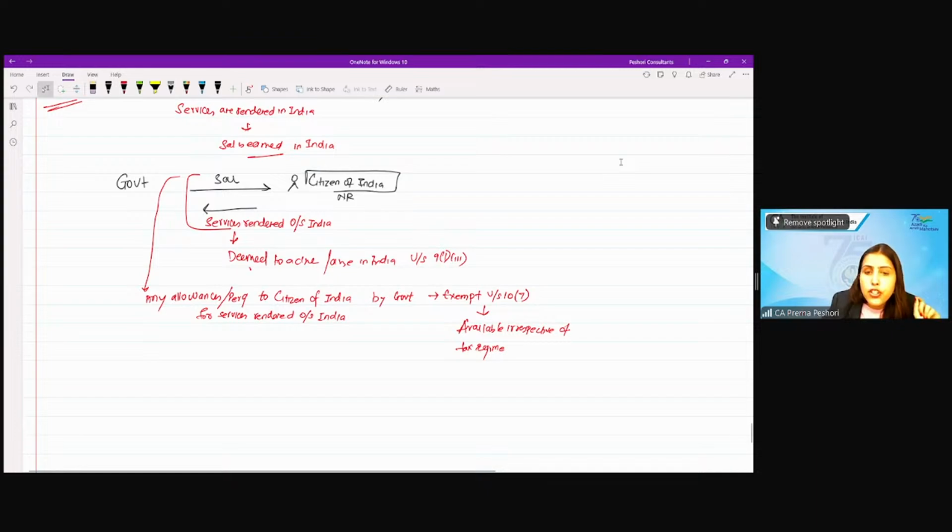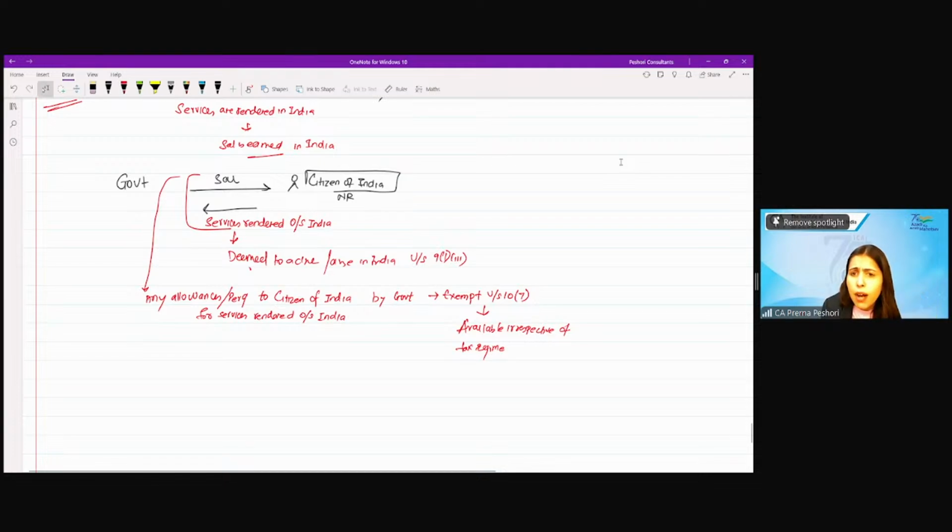Remuneration received by the officials of the embassy of the foreign country. Remuneration received by an individual who is not a citizen of India for services given to the embassy of the foreign country is exempt under 10(6).